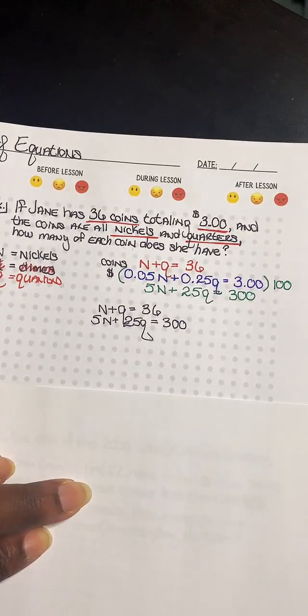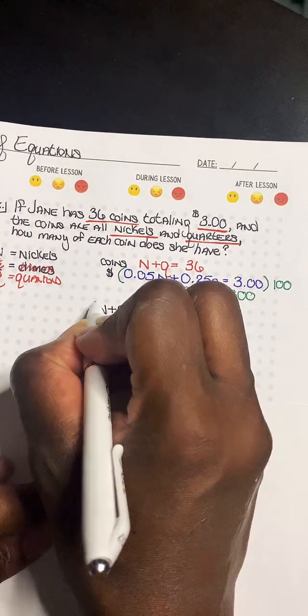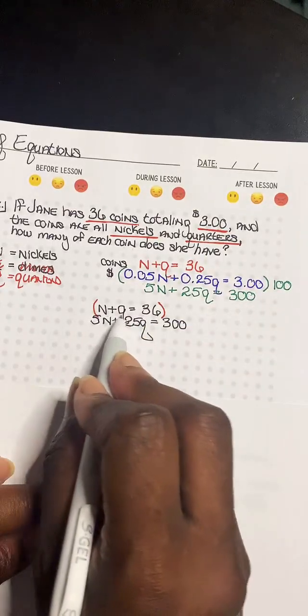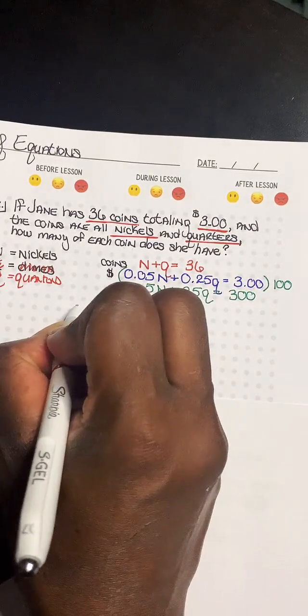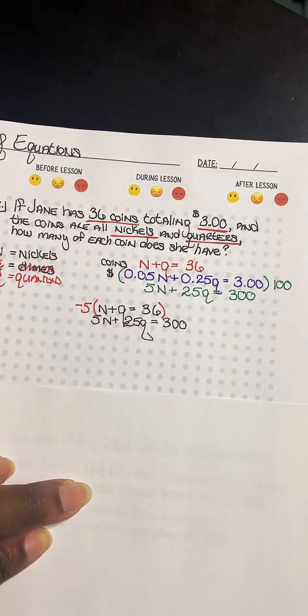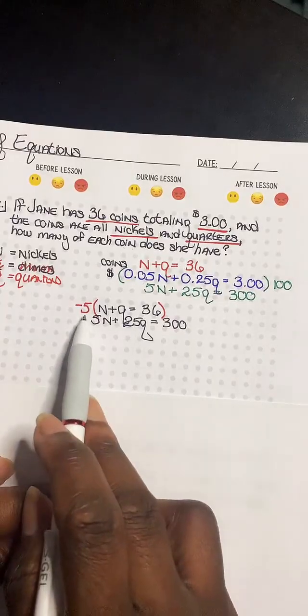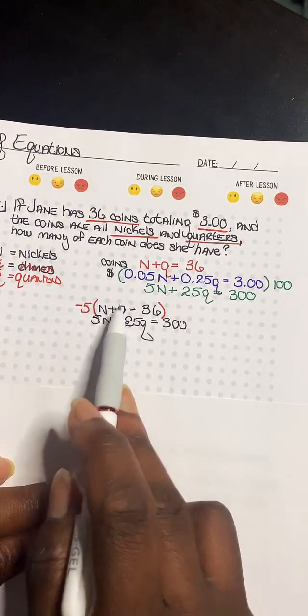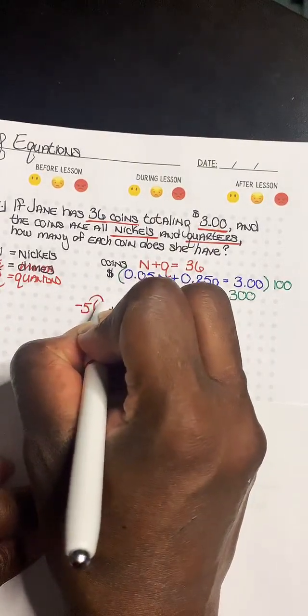So if I want to eliminate the n's, that means I got to multiply everything in that top equation by a -5. The reason why a -5 is because I'll be able to just add the two equations after I finish doing this distribution.